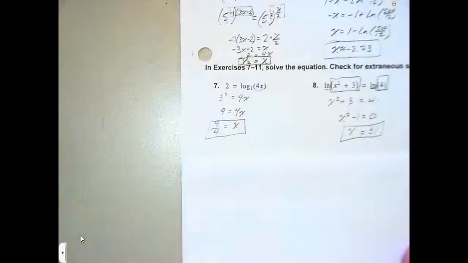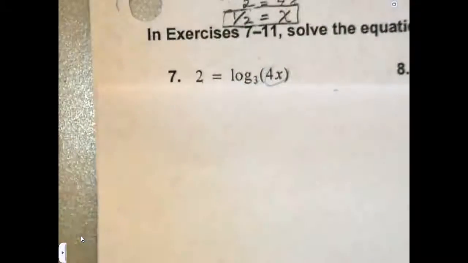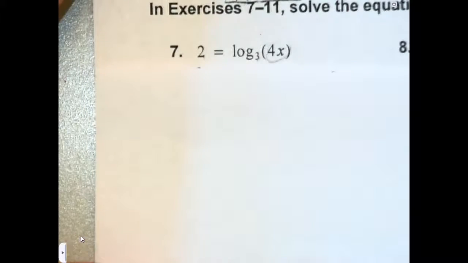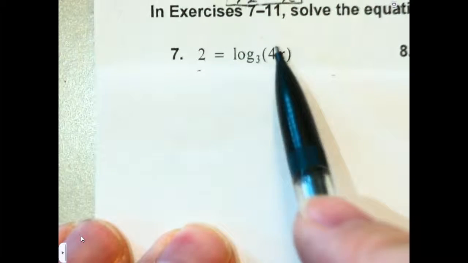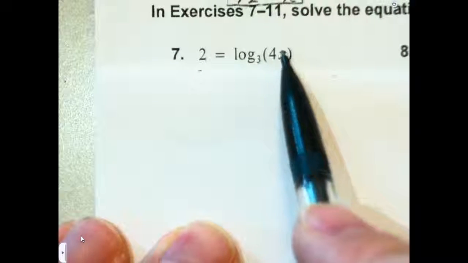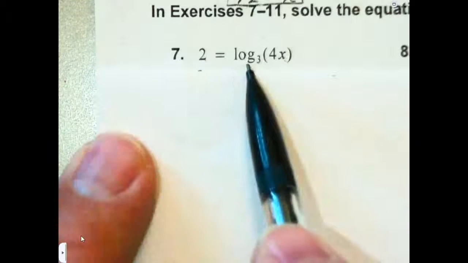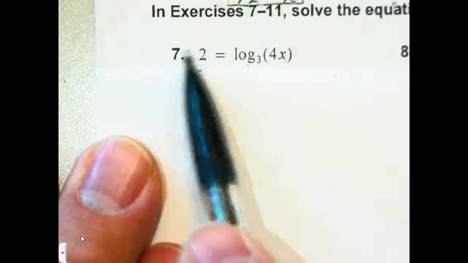All right, number 7. Okay, so on number 7, we're in log format. The variable is in the log. So to get the variable out of the log, first you look at this side and say, is there a log over here?